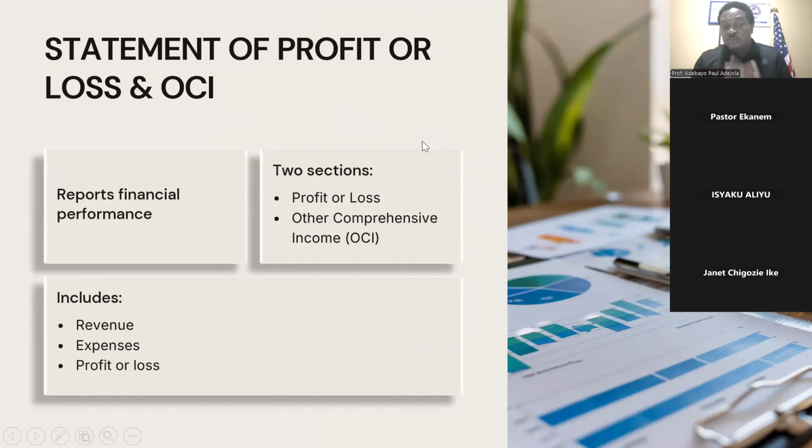Ladies and gentlemen, when it comes to statement of profit or loss, we have two methods of preparing this. We have the single approach, then we have the two approach.